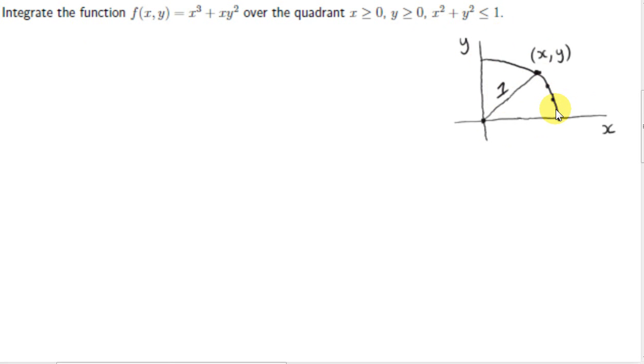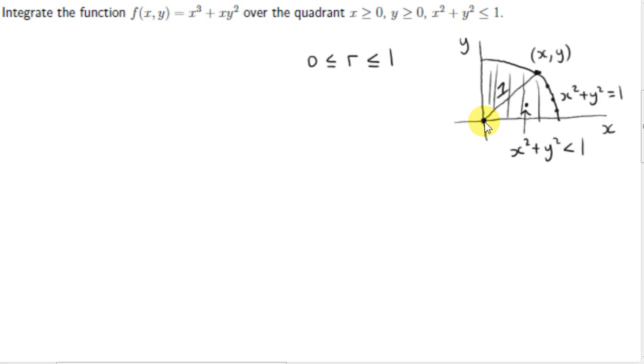Points on the circle have the property that x squared plus y squared is equal to 1. Points inside the quarter circle have the property that x squared plus y squared is less than 1. So, if we want our point in polar coordinates, we see that the r coordinate of any point in this region here must be greater than or equal to 0.